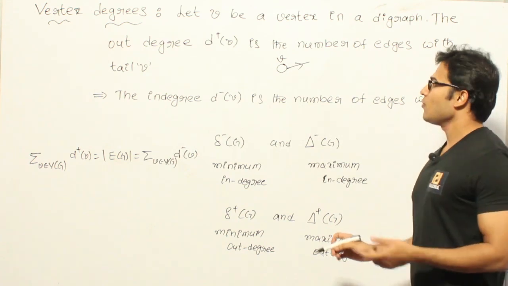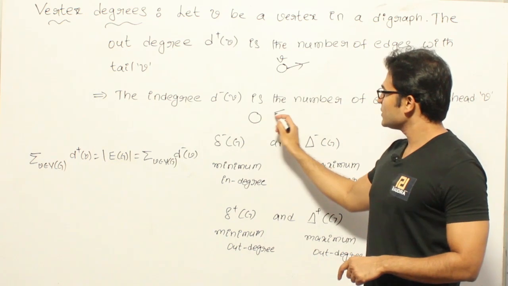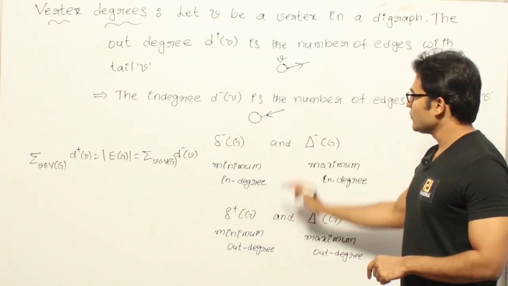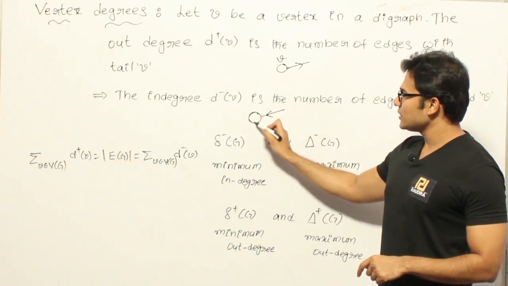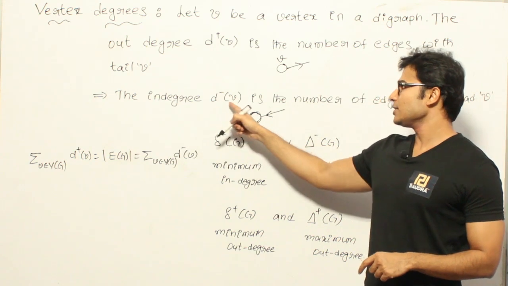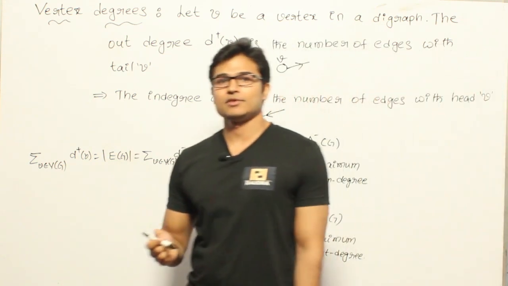Got it? Now what about the in degree? If you have a vertex, then the number of edges coming into it is nothing but the in degree. Got it? Now if an edge is coming into it, then what will this vertex become? The head of that edge, right? Now look at this. The in degree d minus of V is the number of edges with head as V, right?